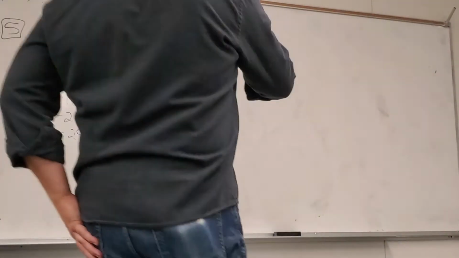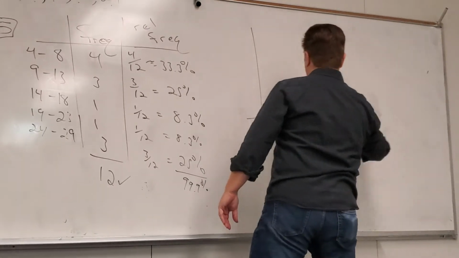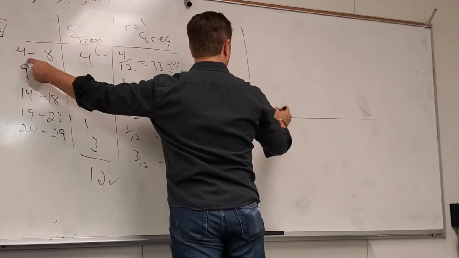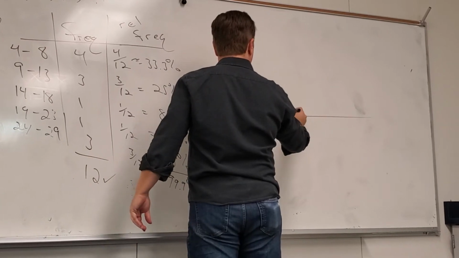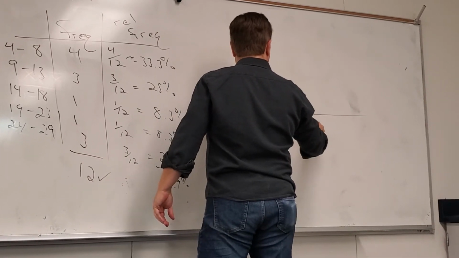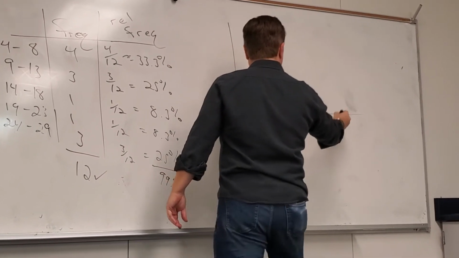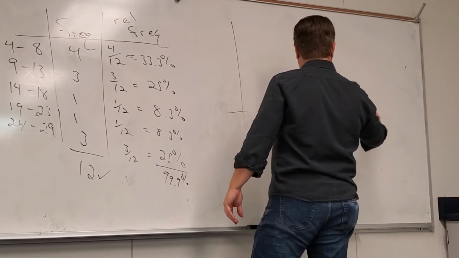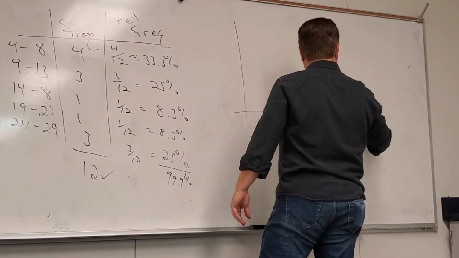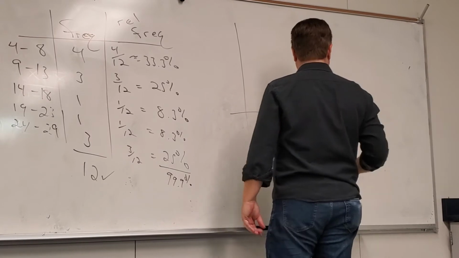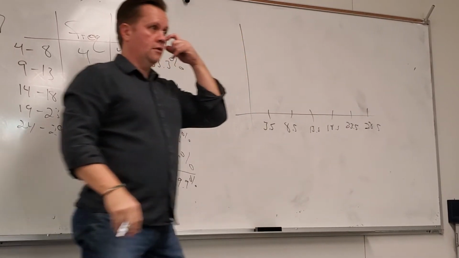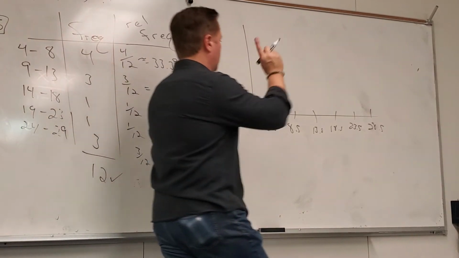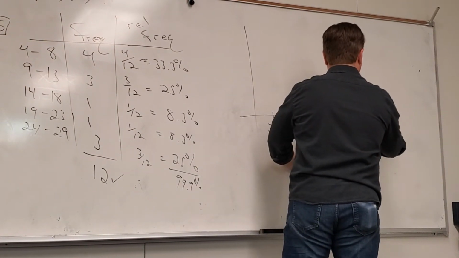So start at 3.5 and then I just keep adding 5. So 8.5, 13.5, 18.5, 23.5, 28.5. Should the last one be 29.5? Yes, thank you. So the last one, you do have to capture that 9.